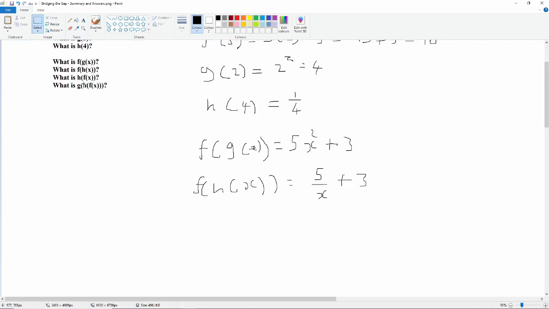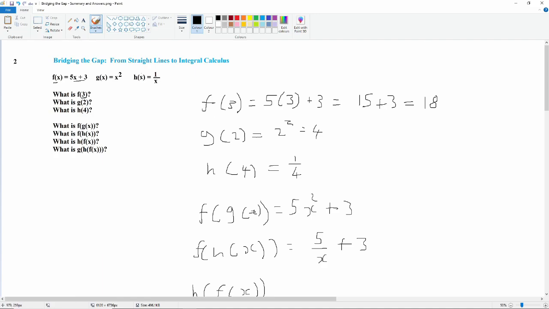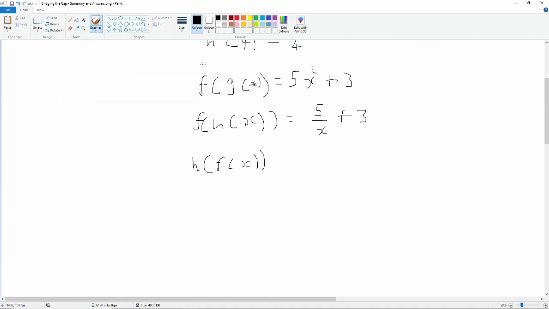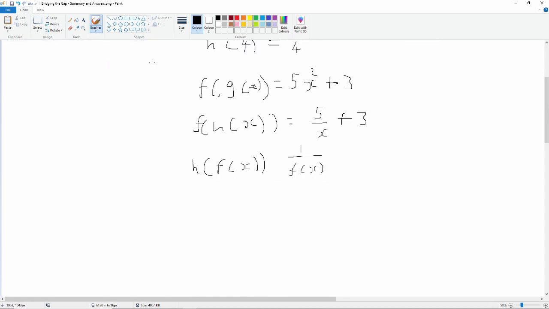Okay, so what about h of f of x? Well, what is h of x? h of x is defined as 1 over x, so this is 1 over f of x, and f of x is 5x plus 3.